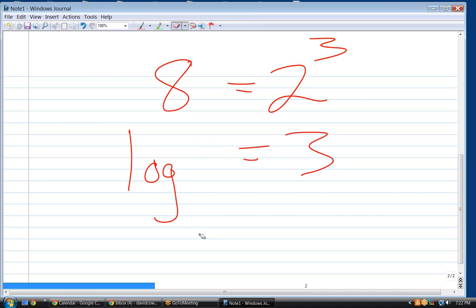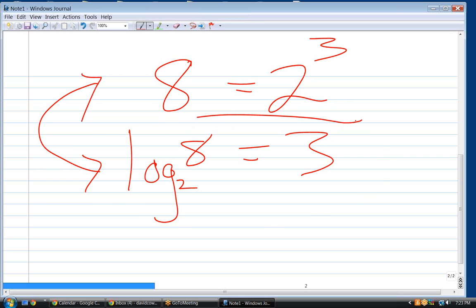If you remember logs are exponents, then I can write that much of it, right? Right. And this is always the base. Whatever's being exponentiated is the base. So there's only one other place to put the 8, right there. So you want to be able to go back and forth between these equally as well. Because a lot of times when they say evaluate this, you have to put it in exponential format. So you definitely need to be able to go from log to exponential, but also from exponential to log. Okay?